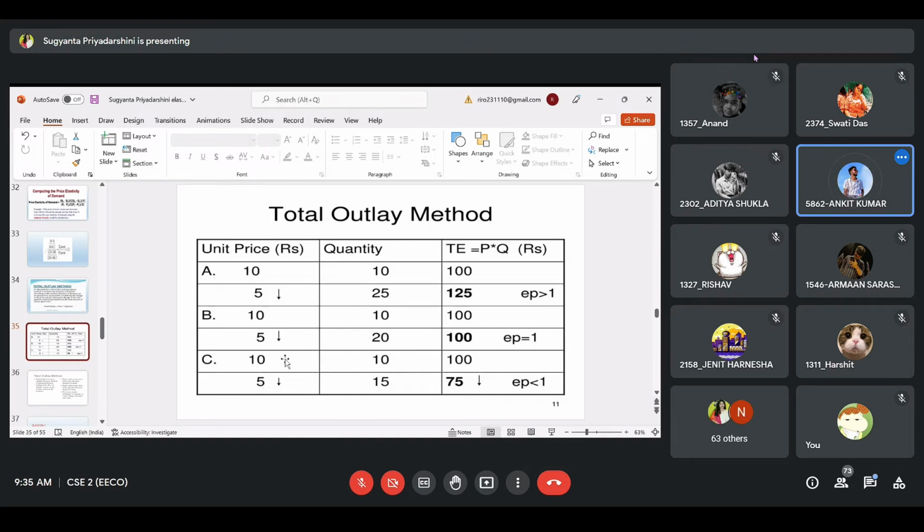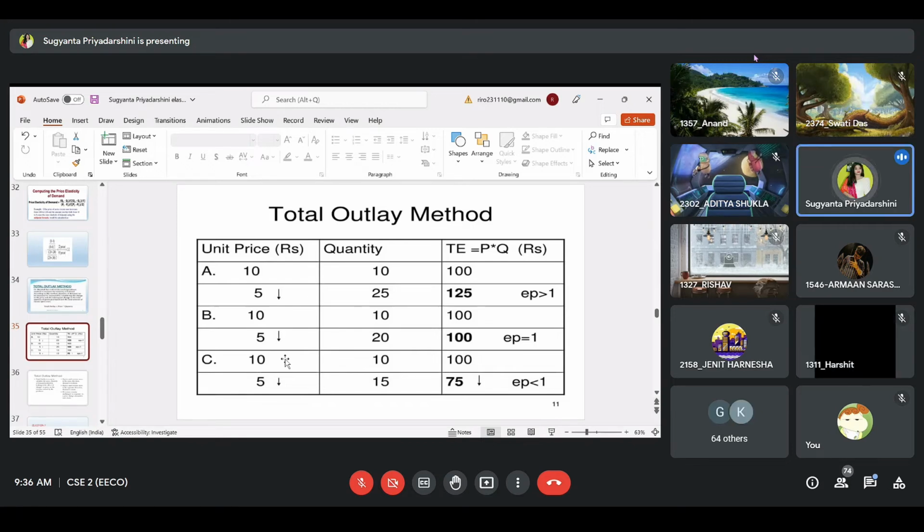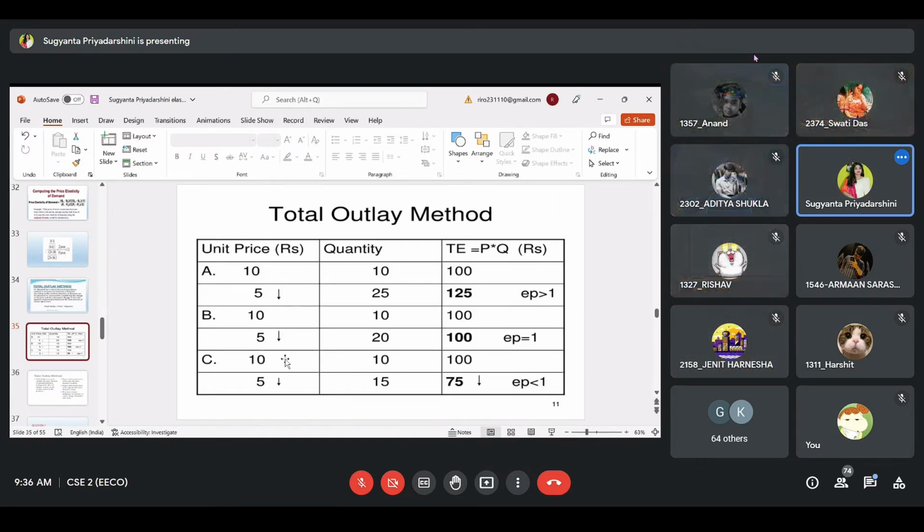Falling. What about total expenditure? Falling. Are both going in a similar direction or opposite direction? Similar direction. So if they are traveling in a similar direction, that means elasticity will be less than 1. Are you getting my point?